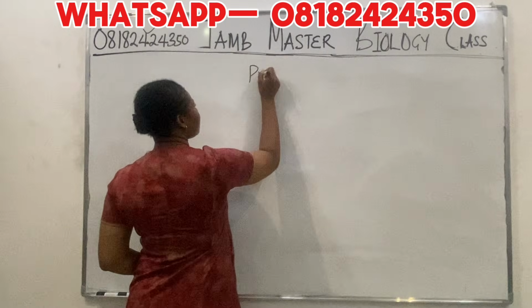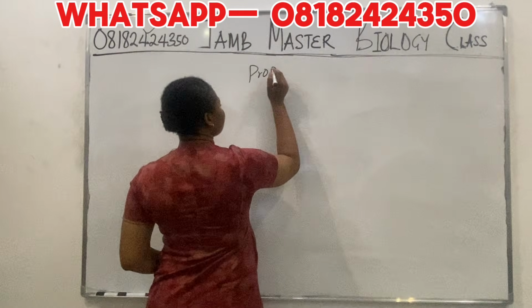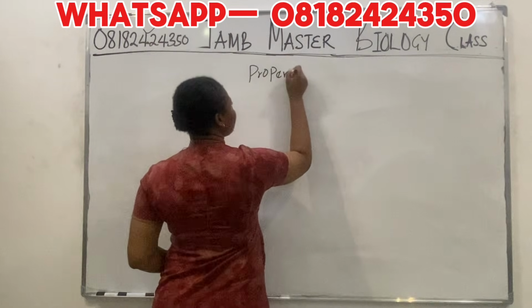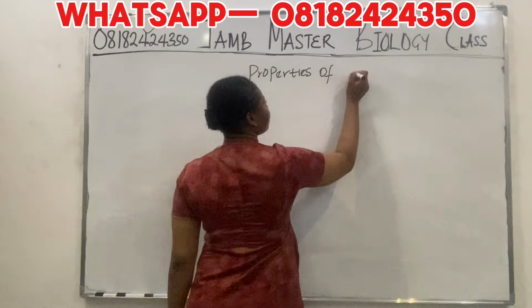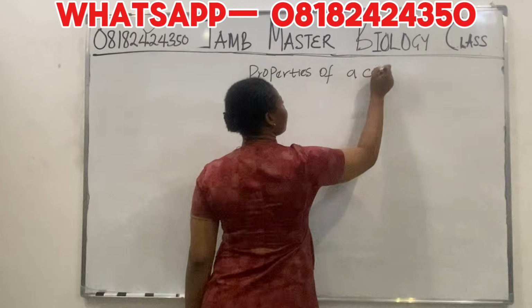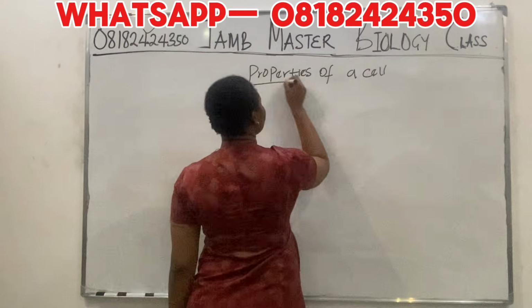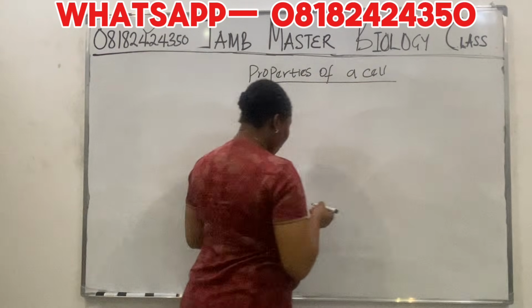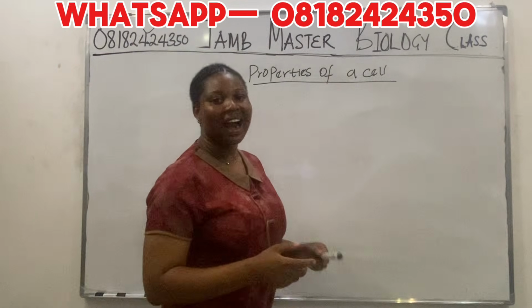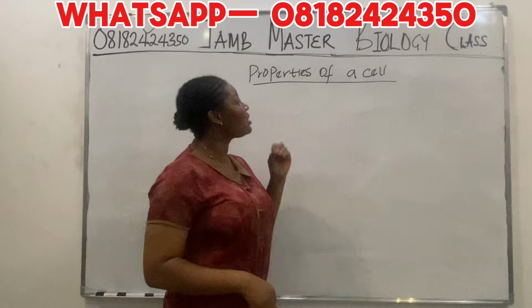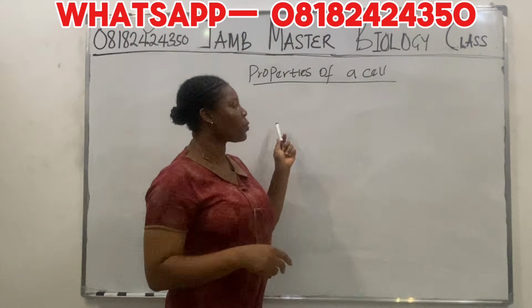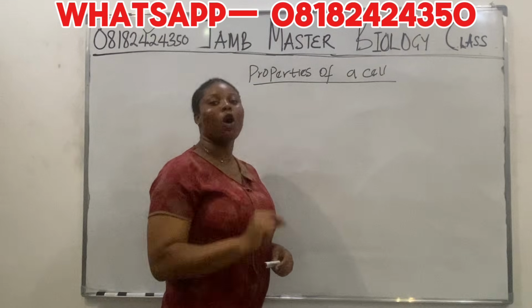Properties of the cell. Now, properties of a cell are those characteristics that a cell must exhibit. If a cell does not exhibit these properties, it cannot be called a cell.